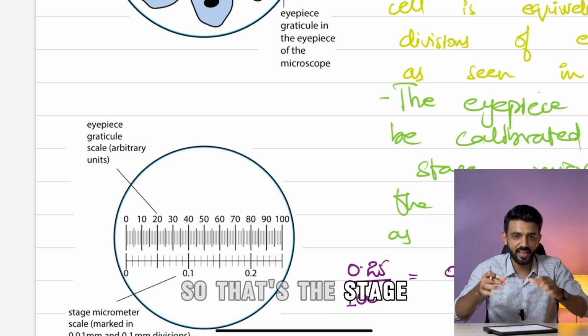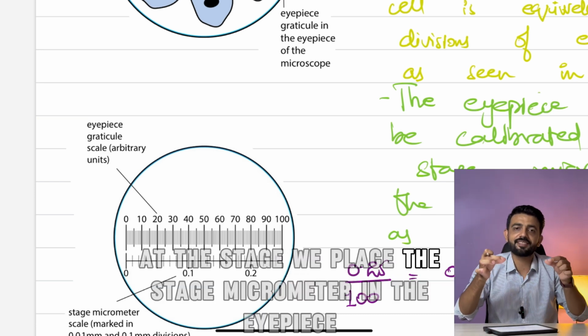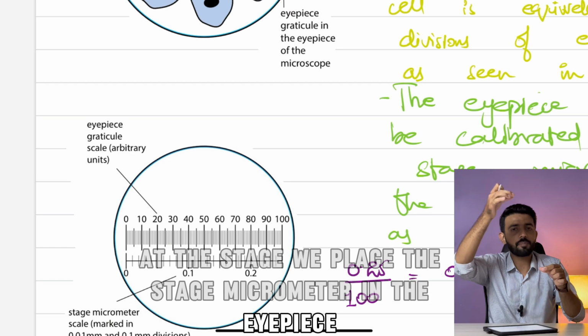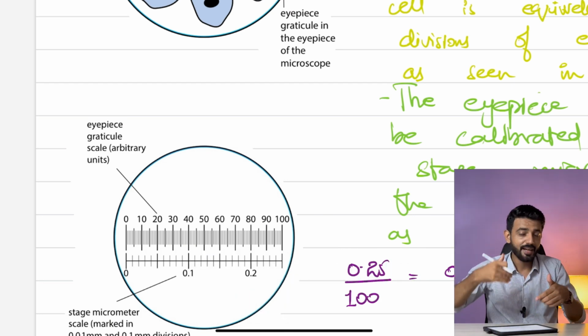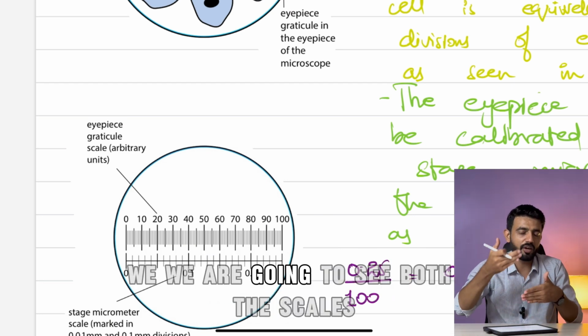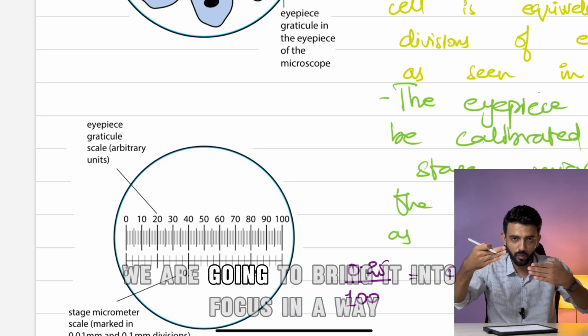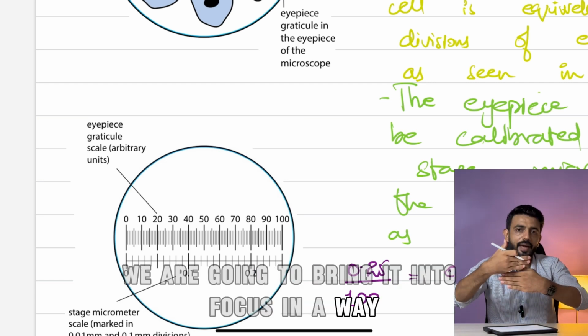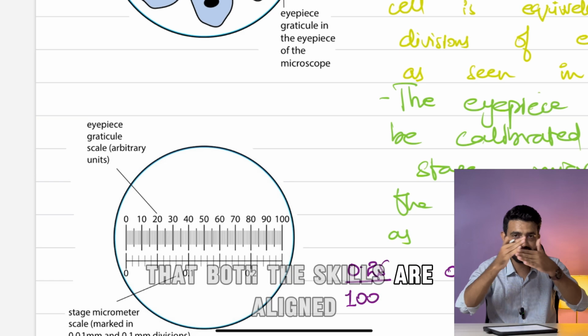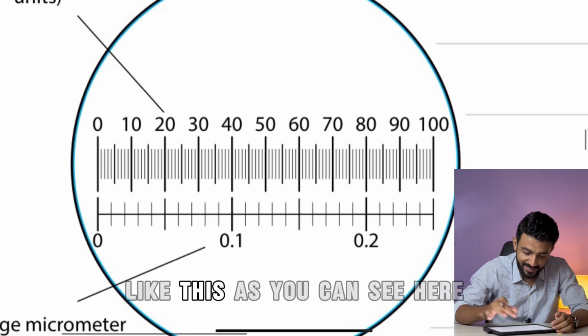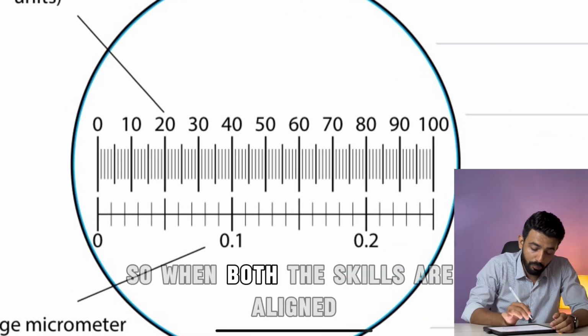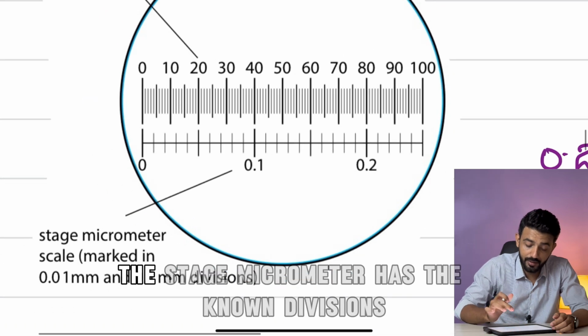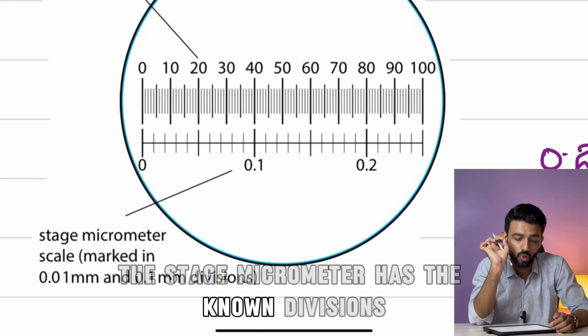So that's the stage. At the stage, we place this stage micrometer. In the eyepiece, we have the eyepiece graticule. Now when we observe, we are going to see both the scales. We are going to bring it into focus in a way that both the scales are aligned like this, as you can see here.